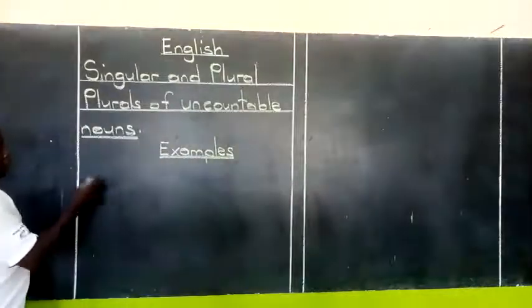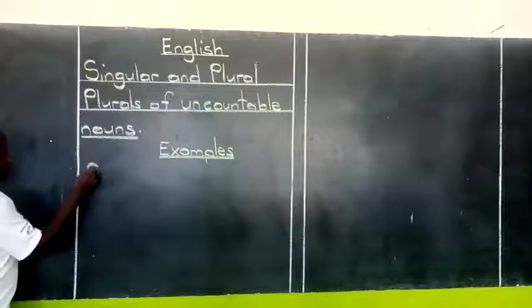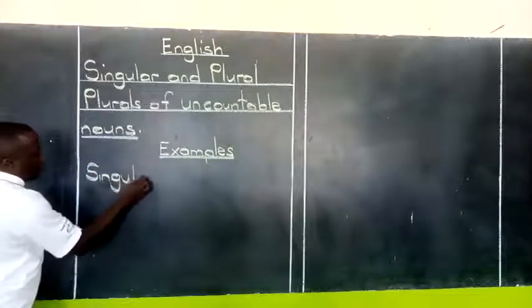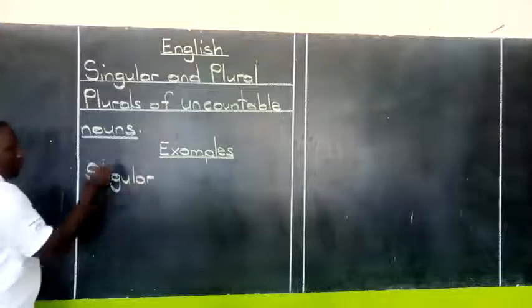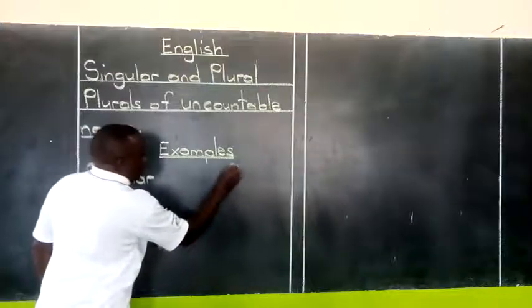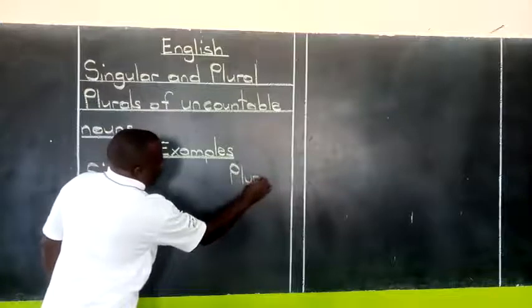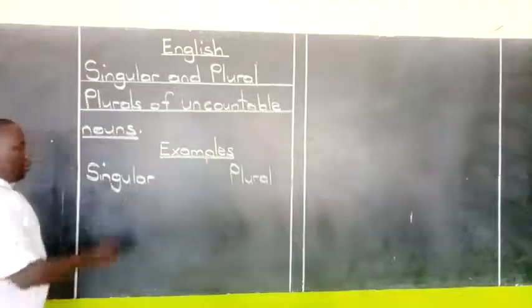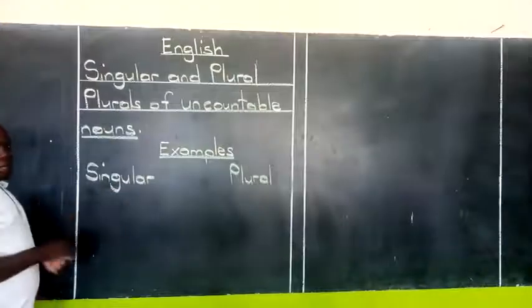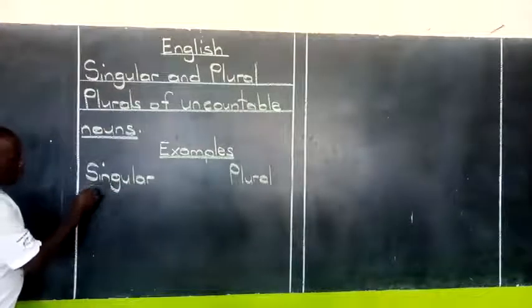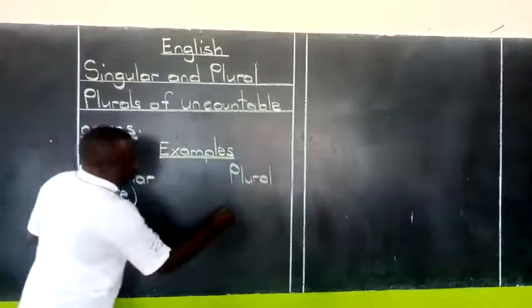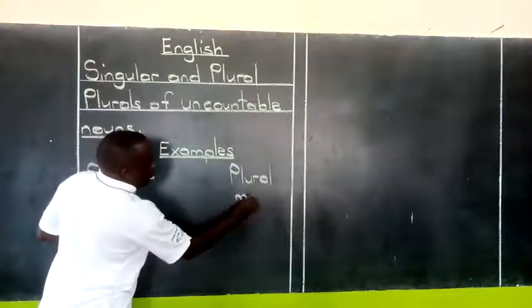We are going to have our table here. Remember, this side we always have singular, and this side we always have plural. And by this time, everybody knows what singular means and what plural means. Singular means one, and plural means many.